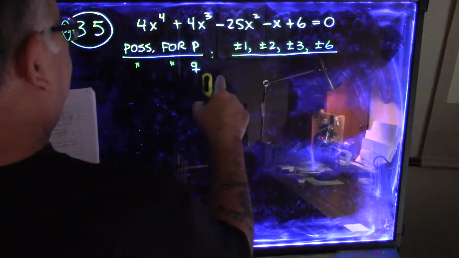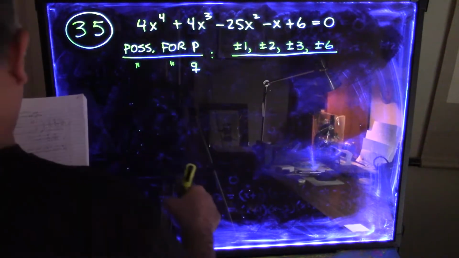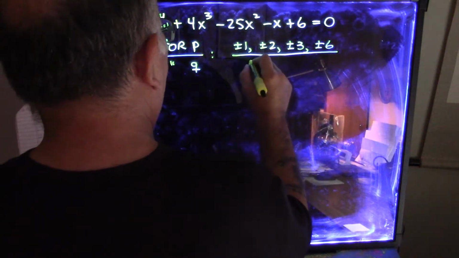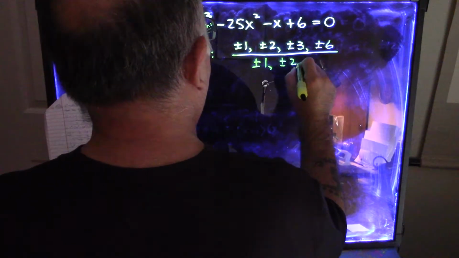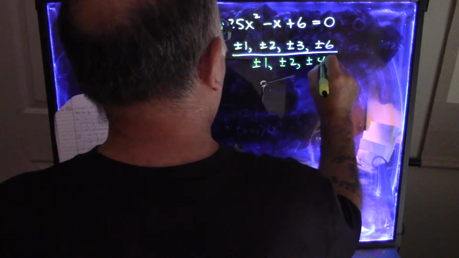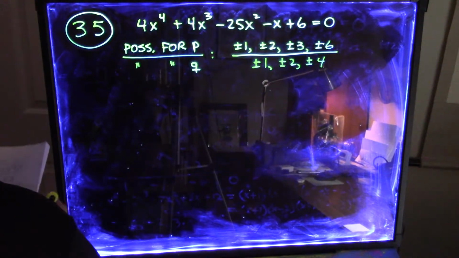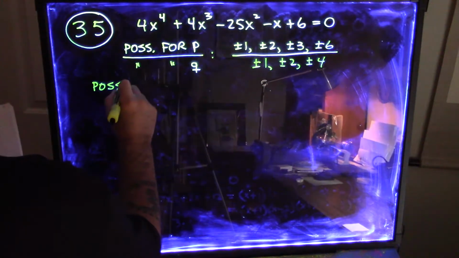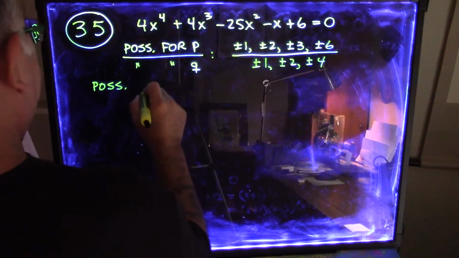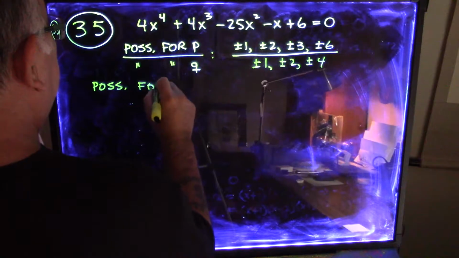And underneath we've got the factors of 4: plus minus 1, plus minus 2, and plus minus 4. So the possible rational roots are P over Q.